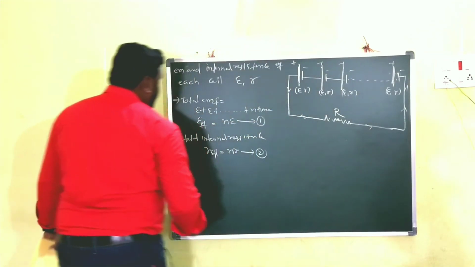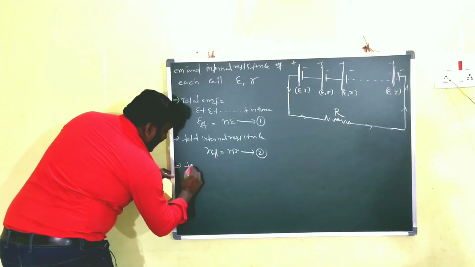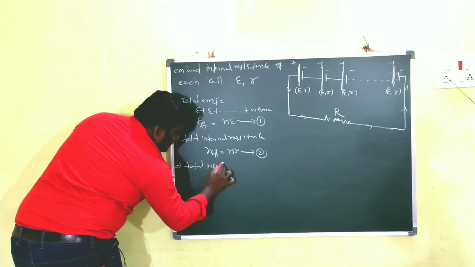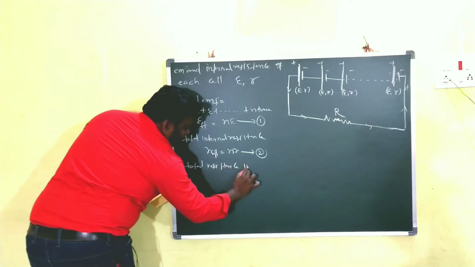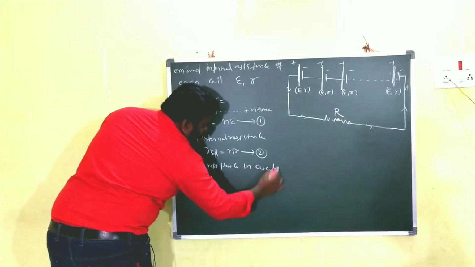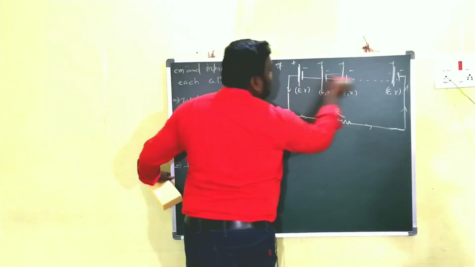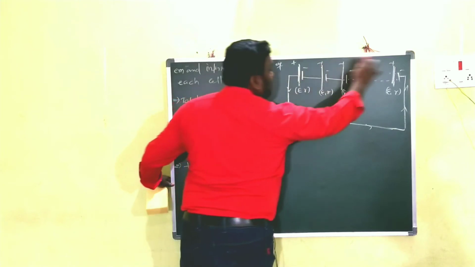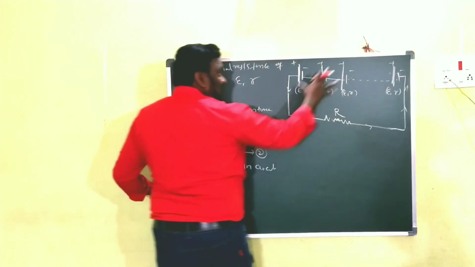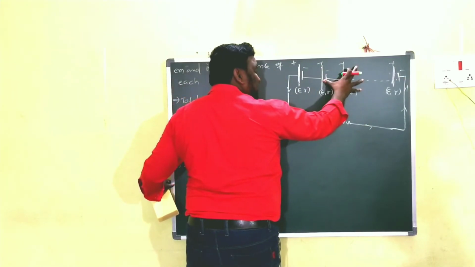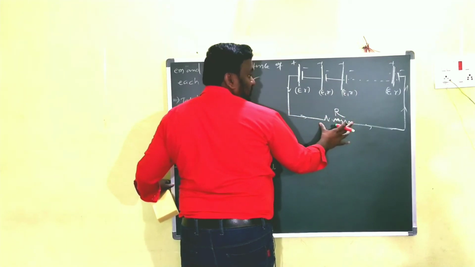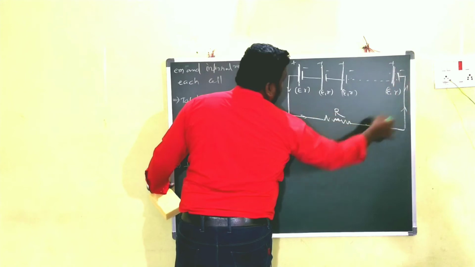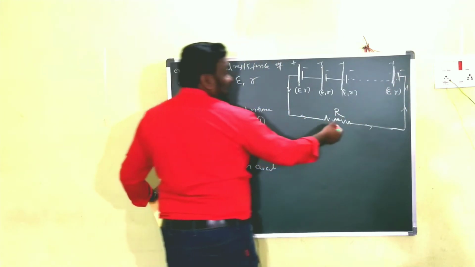Okay, children. Now the total resistance in the circuit. The entire cell combination is n r, and this total effective resistance is in series with the external resistance R. These two are not in parallel: plus is given to one end and negative to the other end, so they are in series.